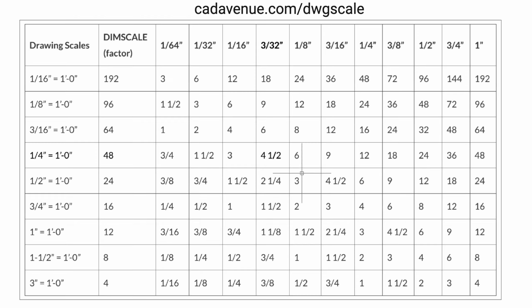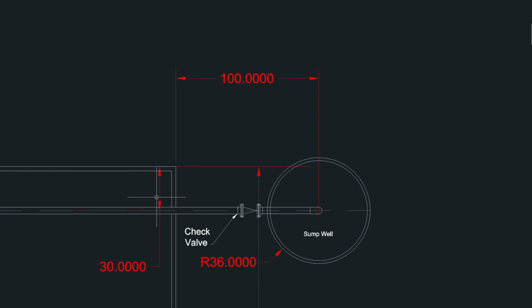So this would be, for example, the 1/8 size text we just created. So if you follow over on that row and then come down to the proper row, 1/2 inch equals a foot, you'll get 3 inches. And that means that in model space, your text must be 3 inches tall in order for it to print at 1/8 of an inch.